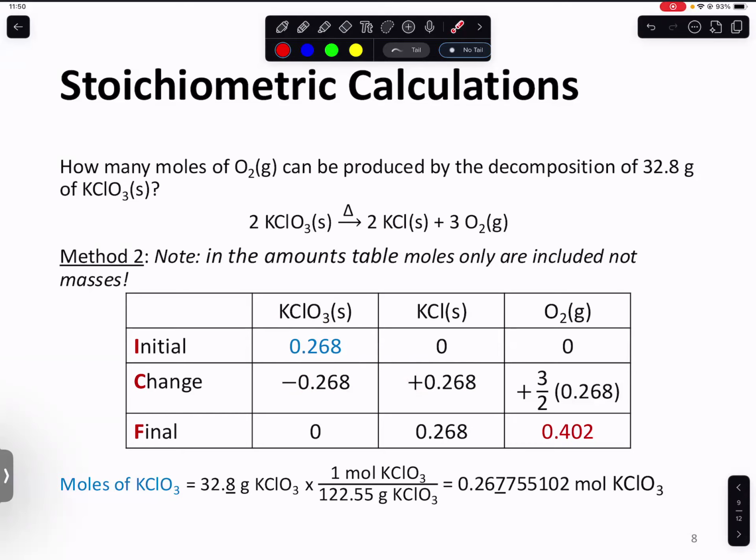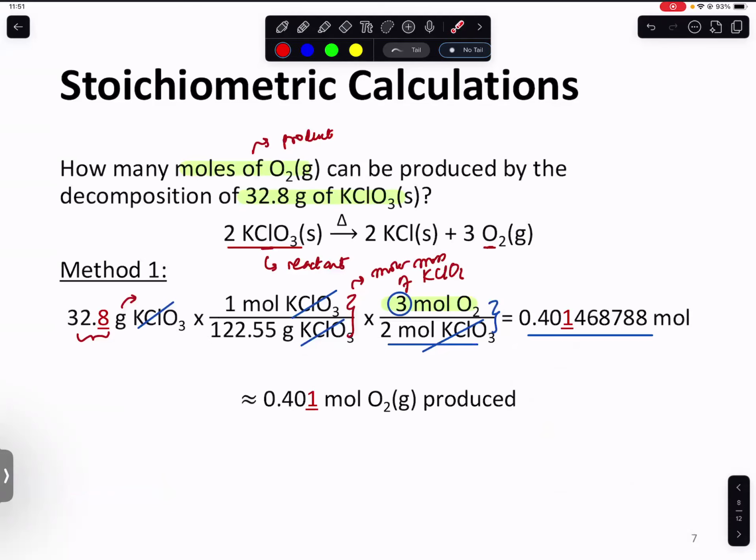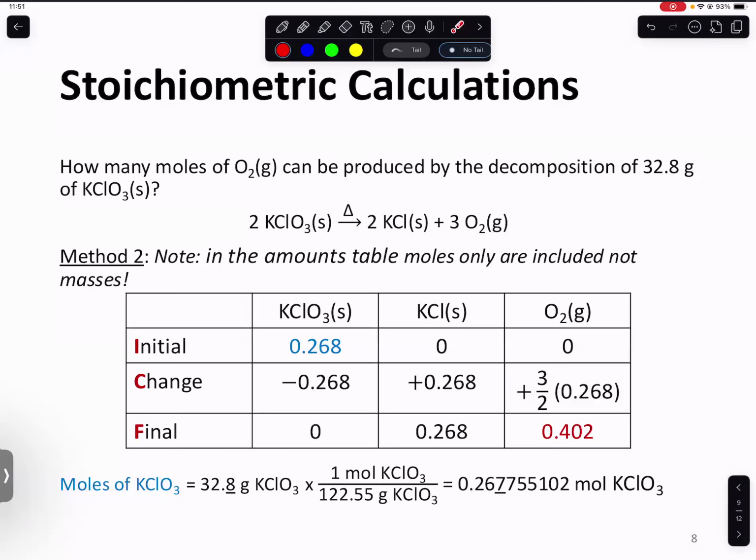Now, oxygen is different because the mole to mole ratio is different. And like on the previous slide, I will set it up as for every 3 moles of oxygen produced, I have 2 moles of KClO3 consumed, times the 0.268 moles of KClO3 that I'm working with.